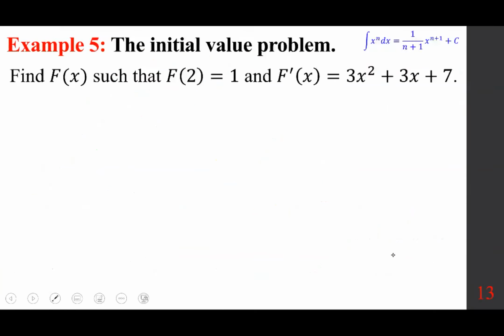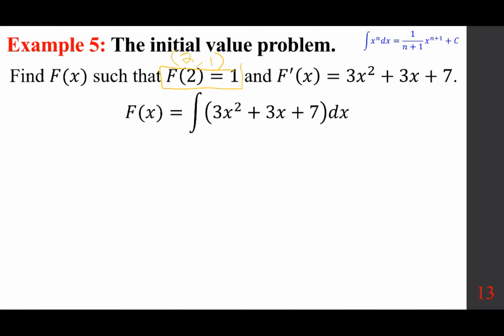Let's look at one more example of that. We want to find the capital F. If capital F prime is this and f of 2 is 1, and again, I want to make sure we know that this refers to the pair 2, 1. So let's integrate this. Very straightforward.